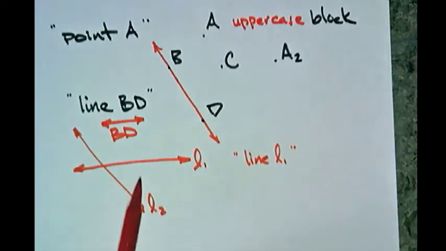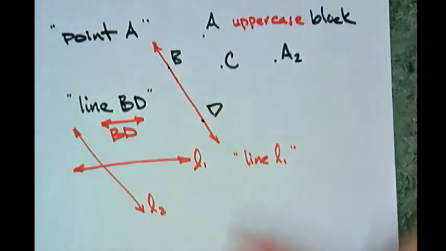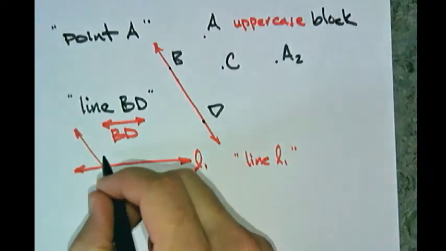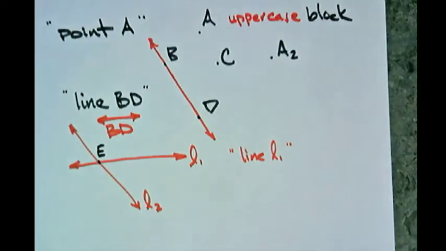Now, if I do this, then I'm not telling you the points that are on the lines. If I do this, I'm telling you that B and D are both on the lines. If I put a dot there, let's call that point E. Point E lies on L1 and L2.